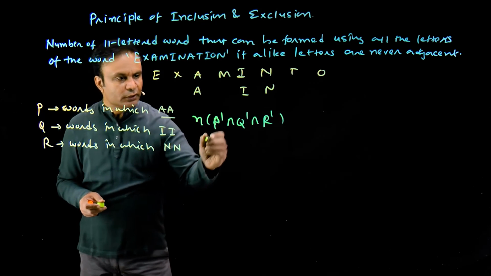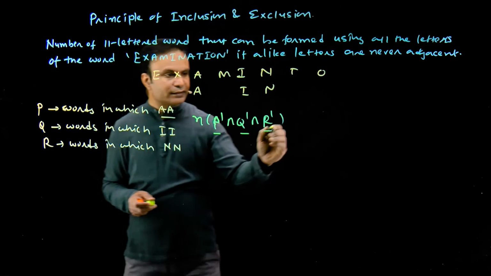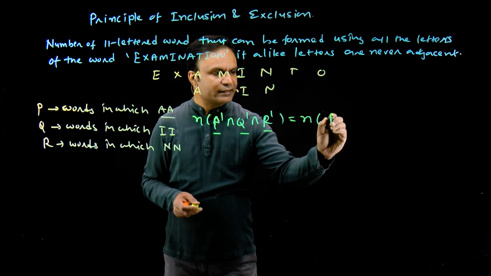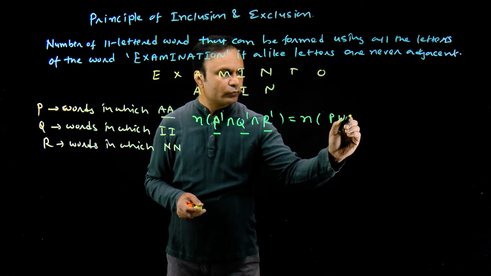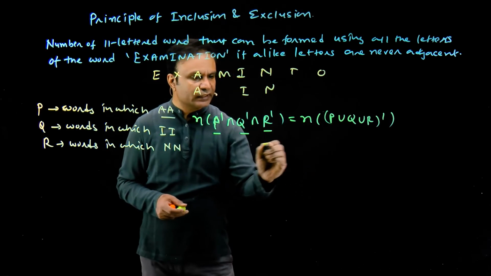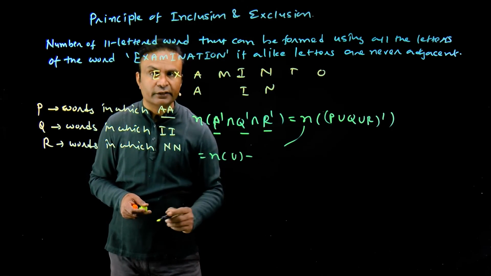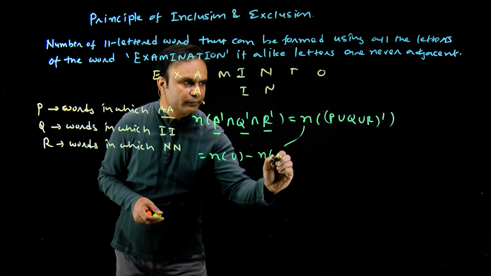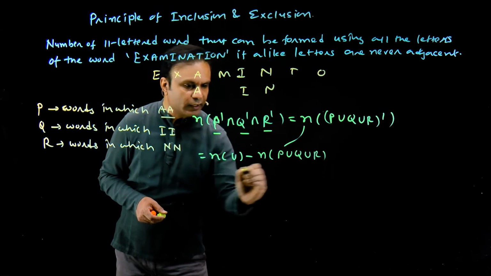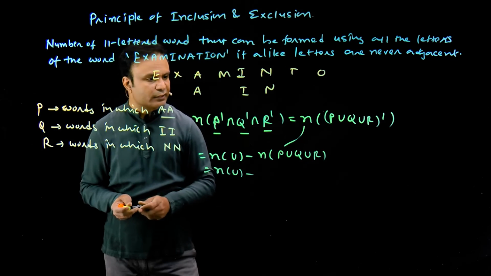So I want P dash intersection Q dash intersection R dash, and this is equal to number of elements in set P union Q union R dash, complement of this, and this is equal to number of elements in set U minus number of elements in set P union Q union R. So this is equal to NU. फॉर्मूला से करने से कई बार क्वेश्चन आसान हो जाता है.